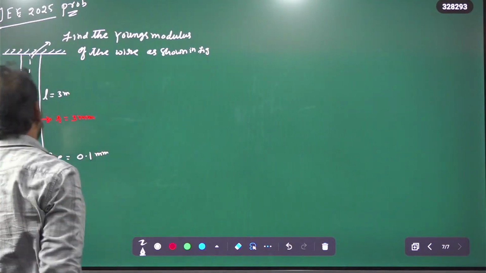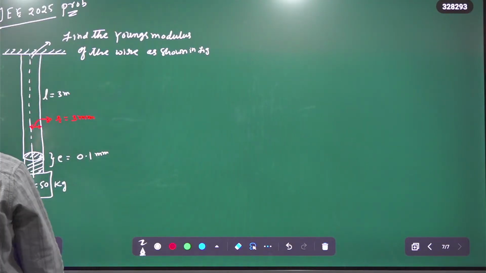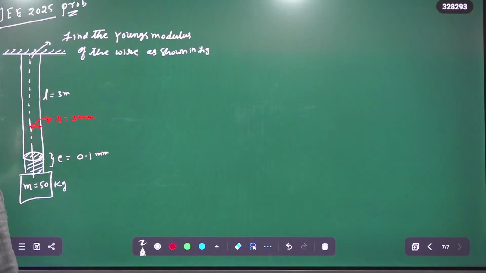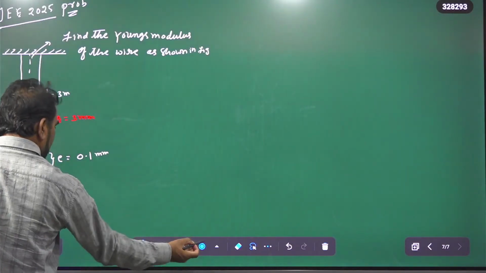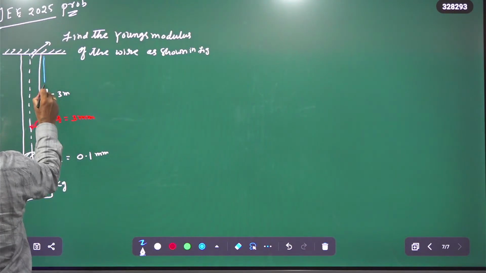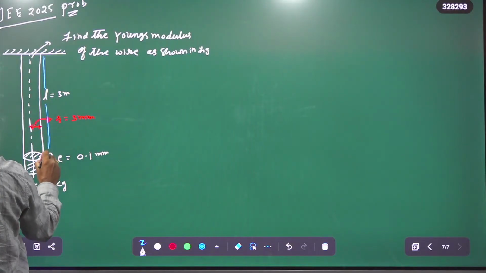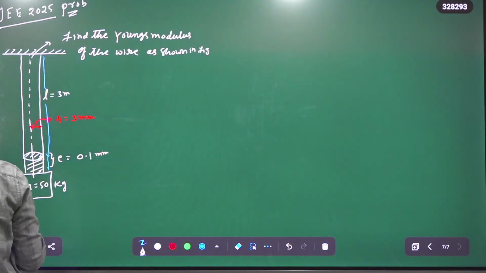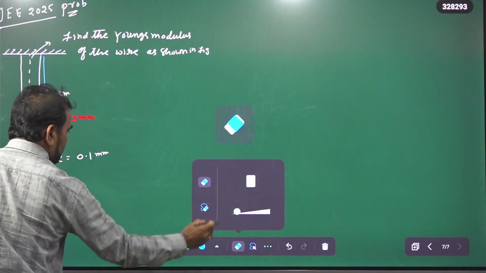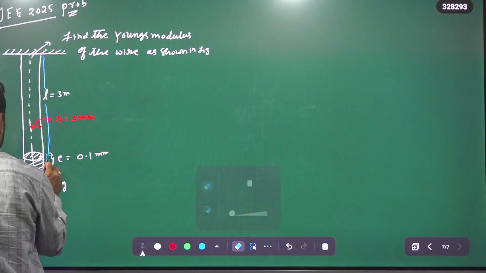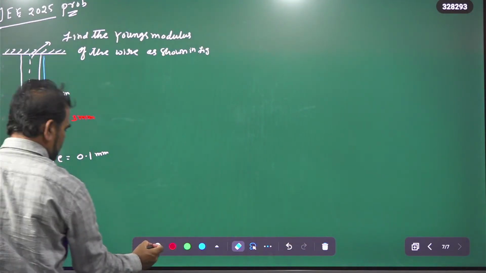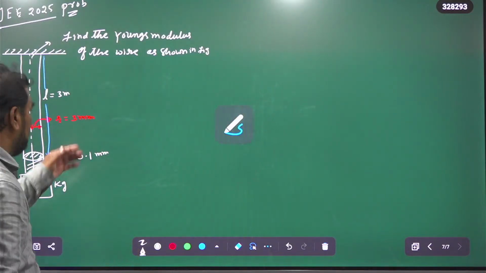All values are given: its length, the elongation, the mass. What do we have to calculate from this? We have to calculate the Young's modulus, Y.